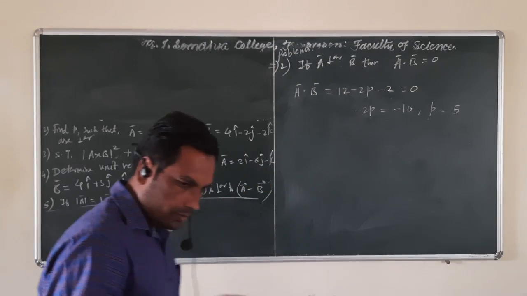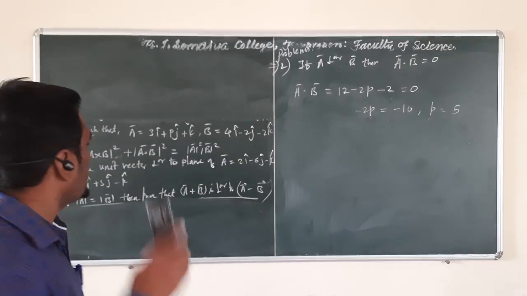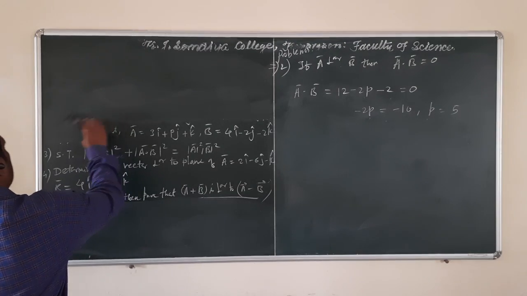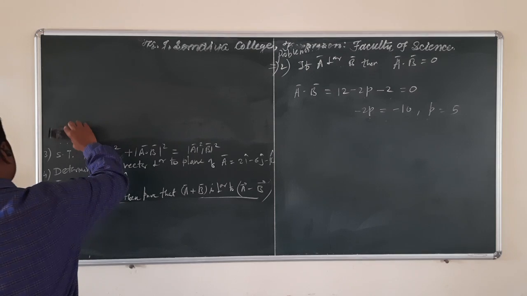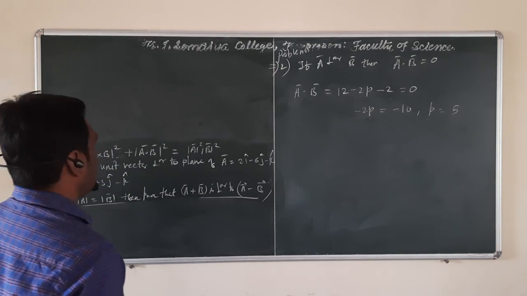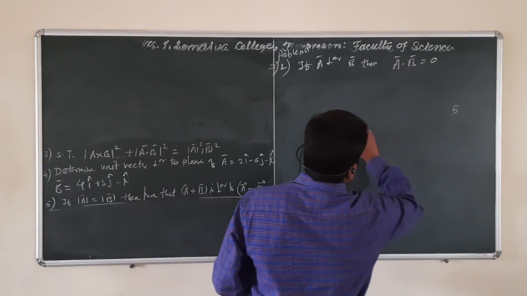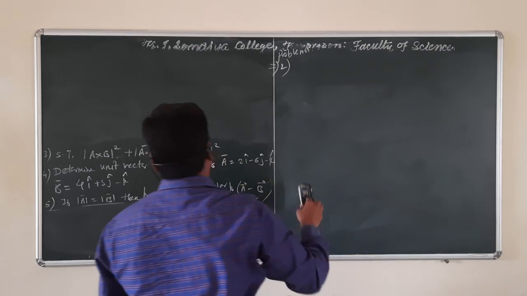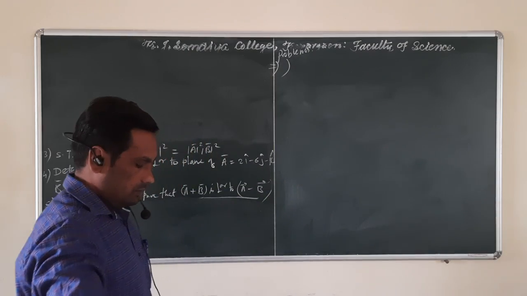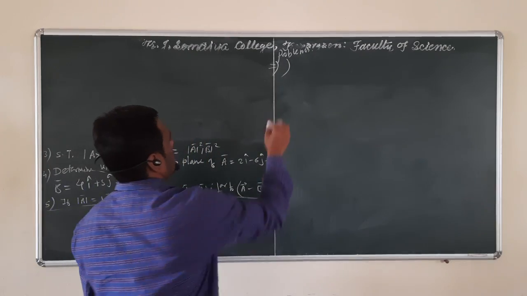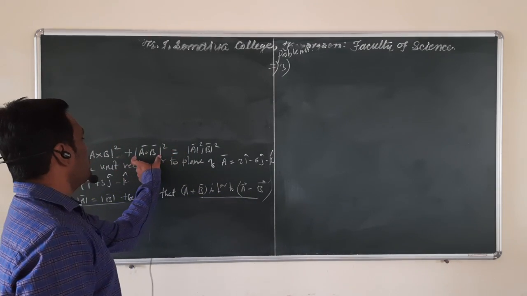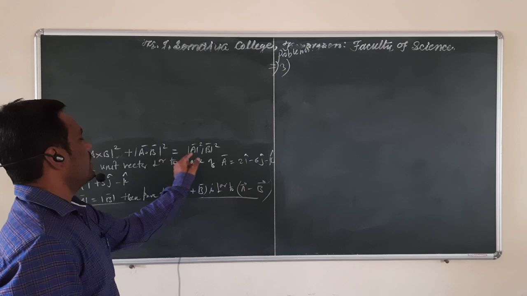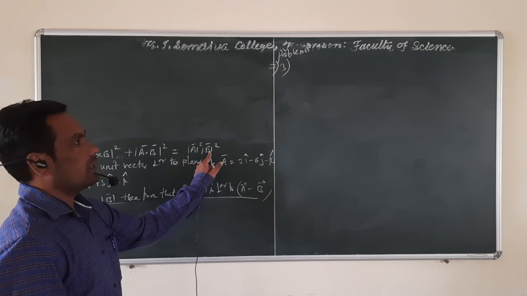So first of all, statement of problem number 3, show that magnitude of vector A cross B its square plus magnitude of vector A dot B its square is equal to A square plus B square.